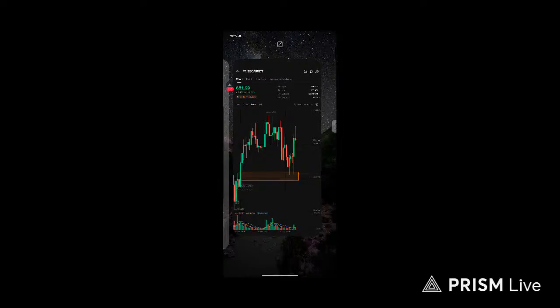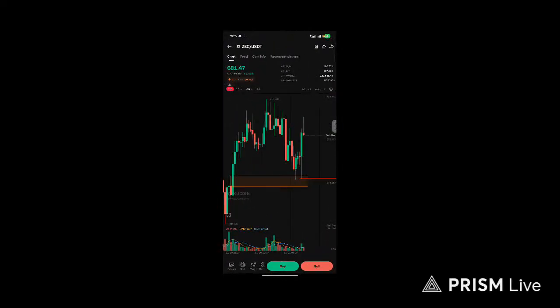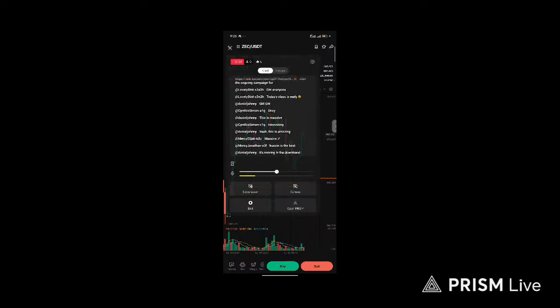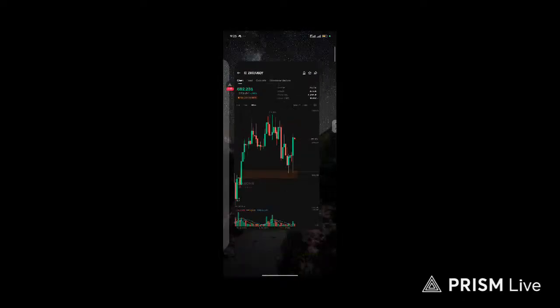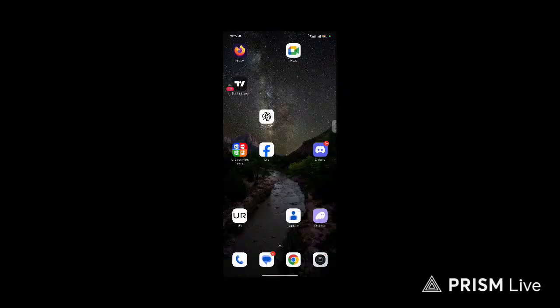You see, you don't just rush to enter a trade. Just wait and see what is going to happen in the market. If it's going to move in our direction, let's just check it out.